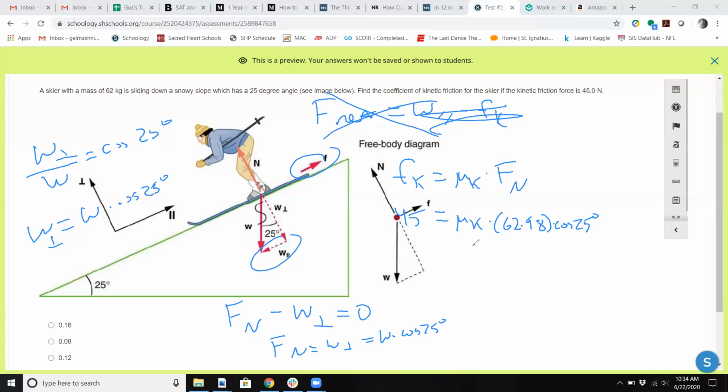So I did look at your work if you got it wrong. If you actually used sine 25 degrees, I gave you like 3 out of 4 points. So 62 times 9.8 is 607.6. Cosine 25 is 0.906.